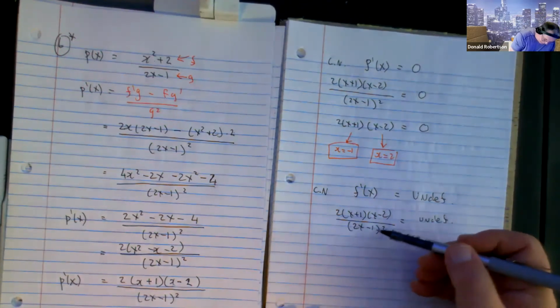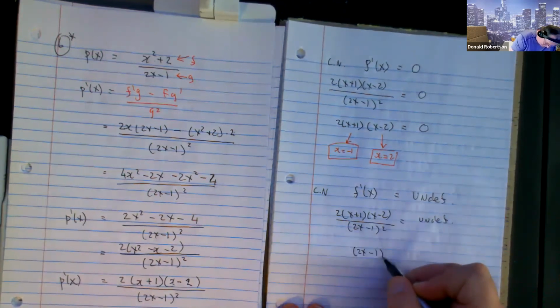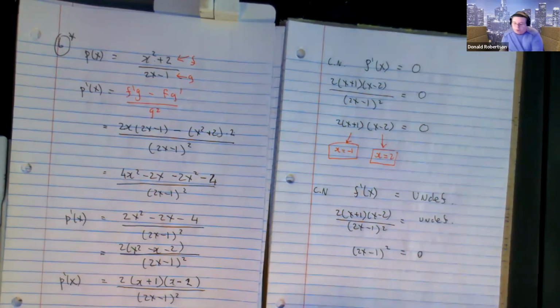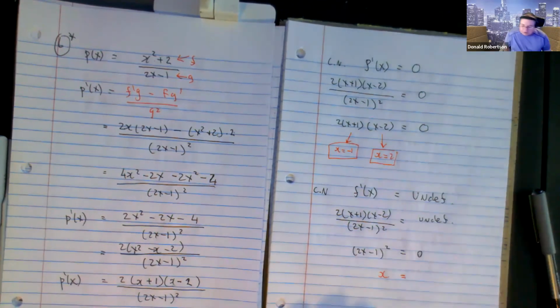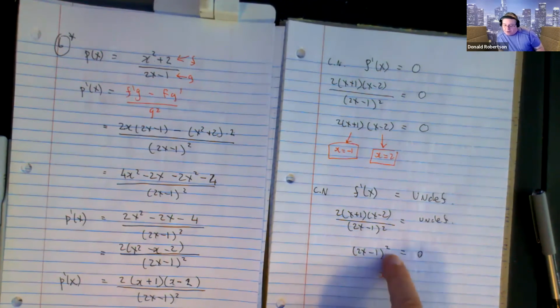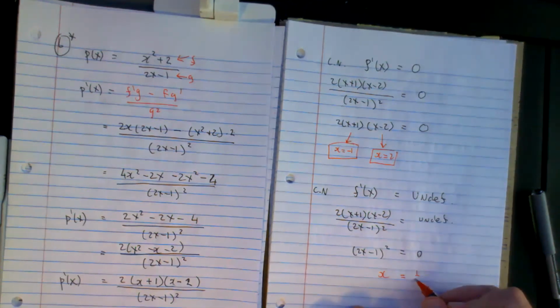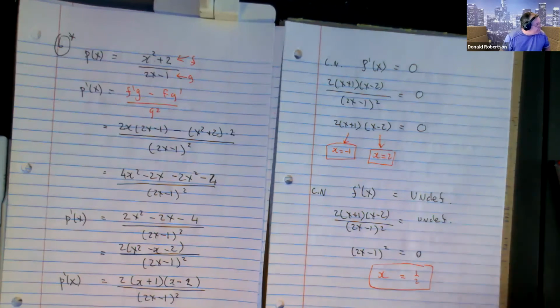Fractions are undefined when the bottom and only the bottom is 0. So we're trying to solve when is the bottom 0. I think that's pretty easy to do. You should be able to do it in your head. What value of x makes this 0? 1/2. 1/2. And the question was, find all the critical numbers.